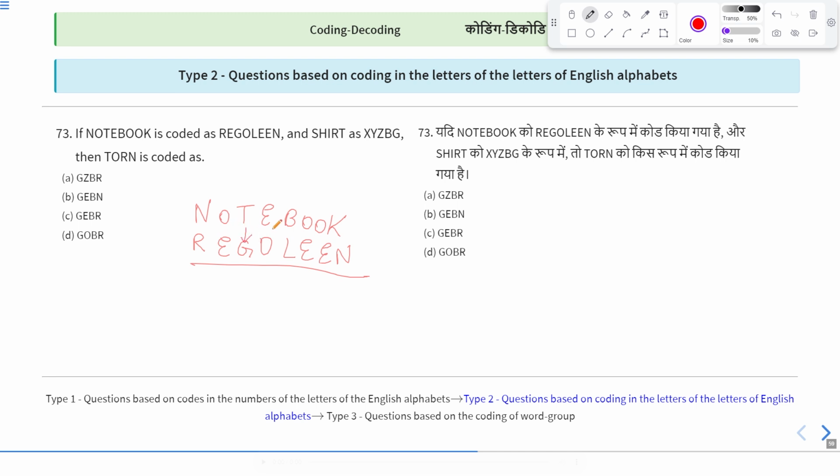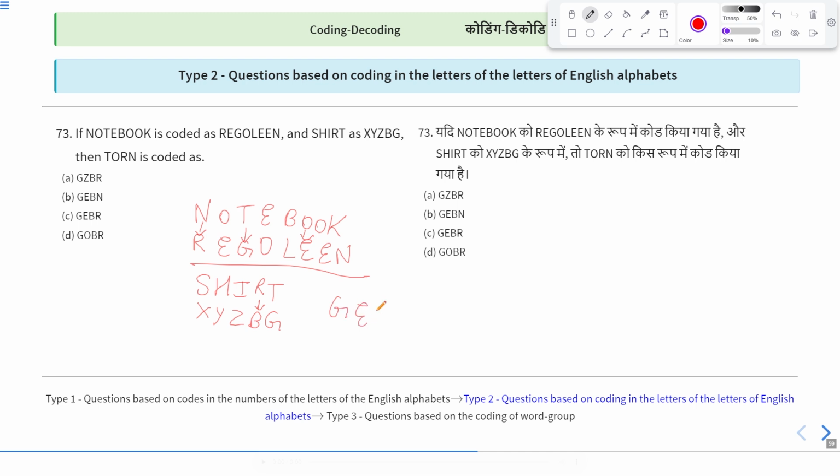T becomes G, O becomes E. Okay, comes X, Y. Instead of solving the pattern, actually, I can see something else here. T, O. Next, R. R becomes P. N becomes R. Tone. We have tone here.